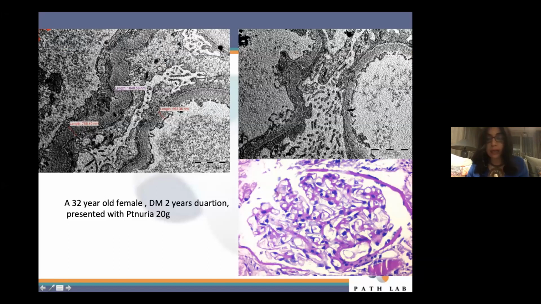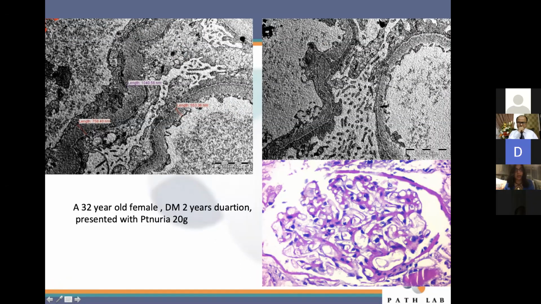She also had early diabetic glomerulopathy. As you can see, her glomerular basement membrane was 1040. It was markedly thickened. So she had minimal change disease concurrently with her early diabetic glomerulopathy changes. So this is superimposed minimal change on the early diabetic changes.